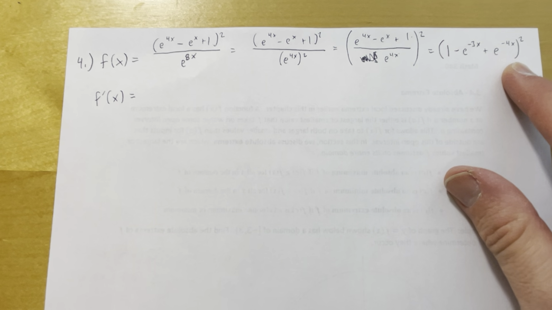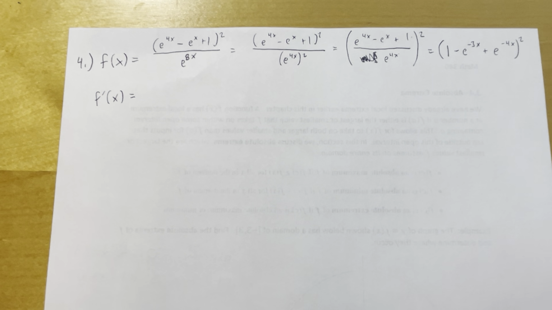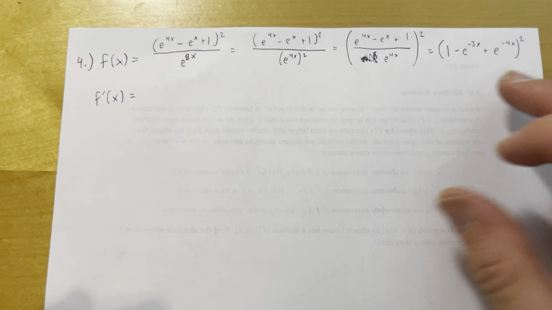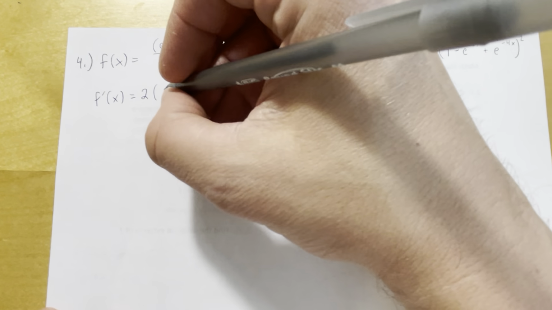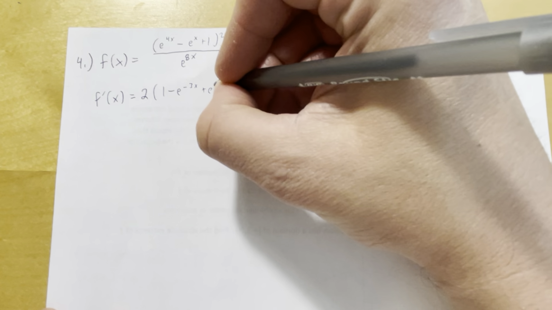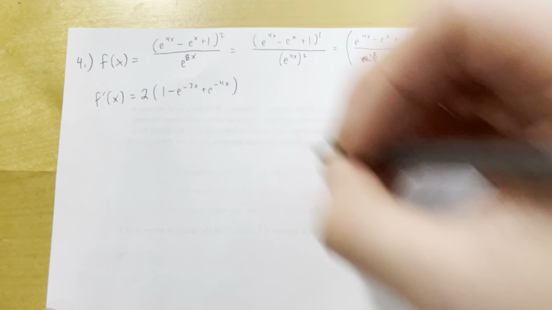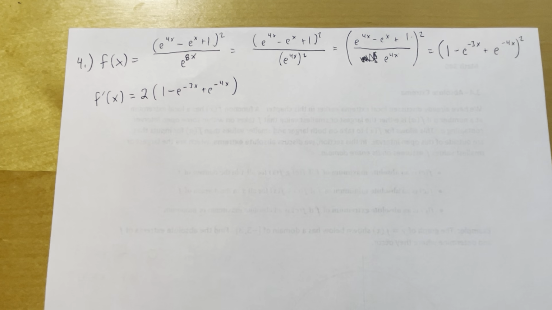So when taking the derivative, I need to use the generalized power rule, which, remember, is just the chain rule applied to that specific special case. The 2 will come down. The original function stays put, 1 minus e^(-3x) plus e^(-4x). My exponent I've decreased by 1, so it's to the first power, but we generally don't write the 1 when it's to the first power.